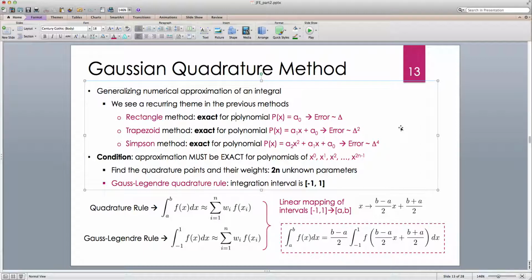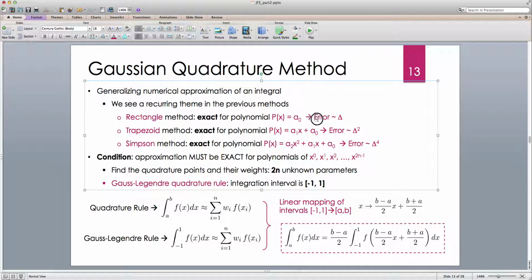And we see that the recurring theme in making the numerical integration more and more accurate through different methods was that we started with the Riemann sum, which is based on approximating the function with a constant polynomial of degree 0 in each subinterval. The problem was that the error was order delta, so I need to have a lot of subintervals.